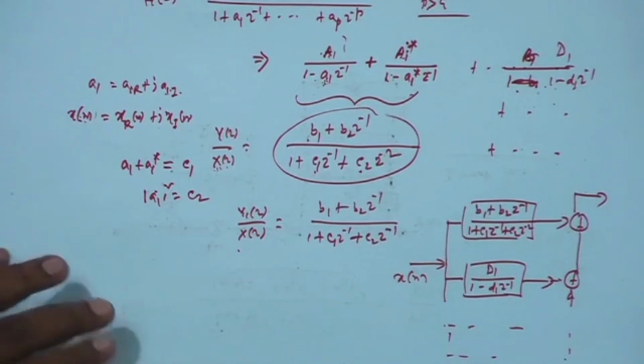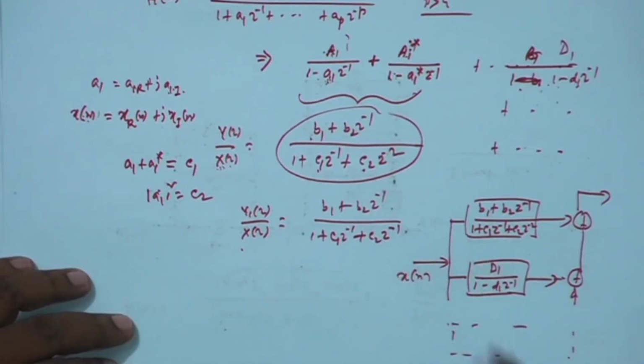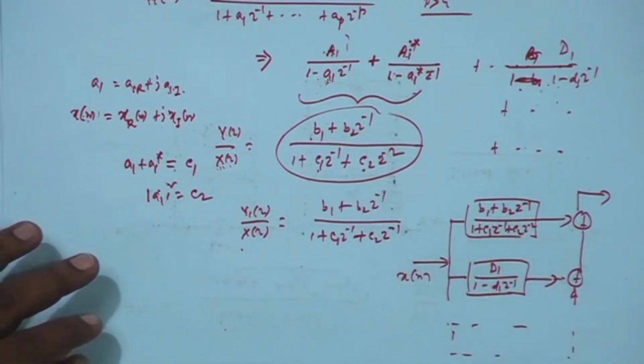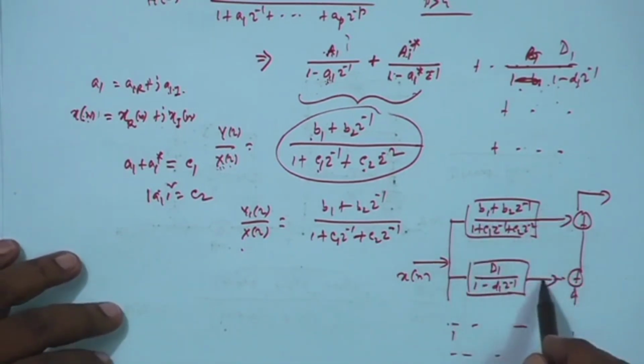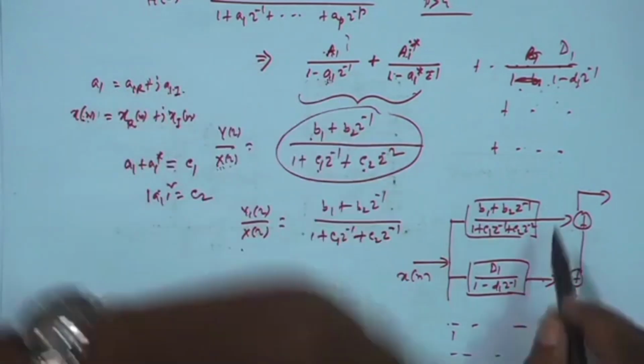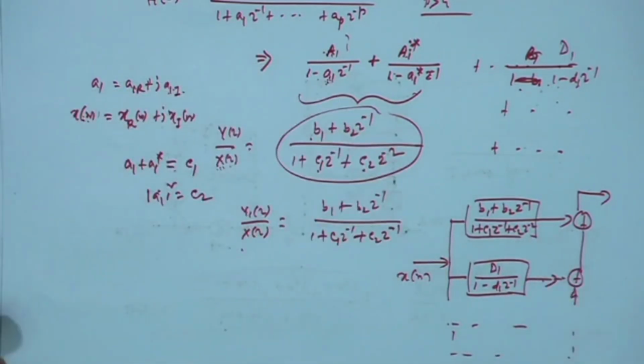This is called parallel form. There are parallel filters either second order or first order, and you are passing x[n] through each of them. It is giving Y1(z), it is giving Y2(z), Y3(z) like that, and then adding all the outputs. This is called parallel form.